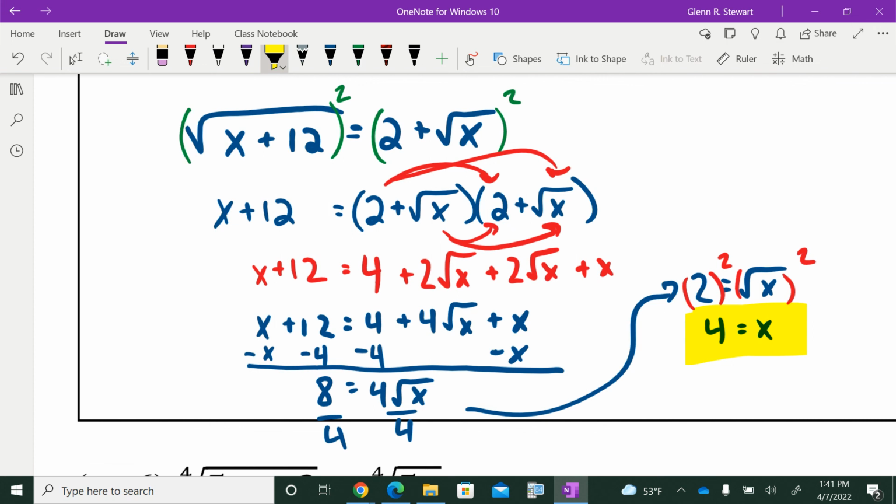So I understand how you got to 8 over 4 and 4 times square root of x over 4. I don't understand how that ends up being 2 equals square root of x. Is it literally just simplifying down?